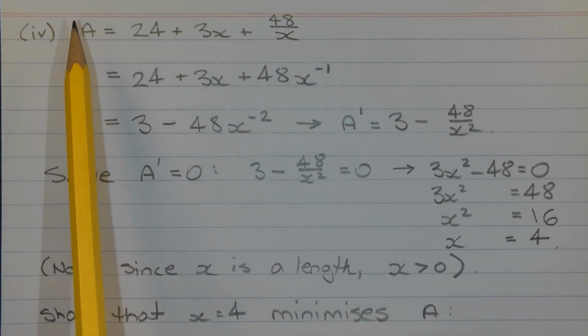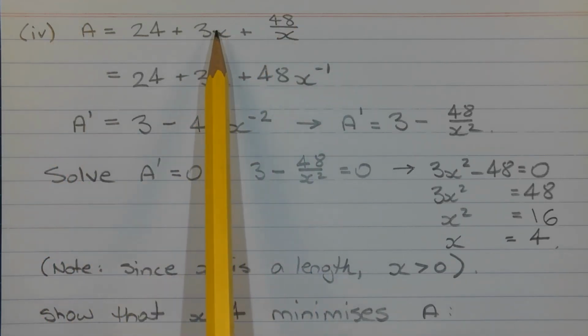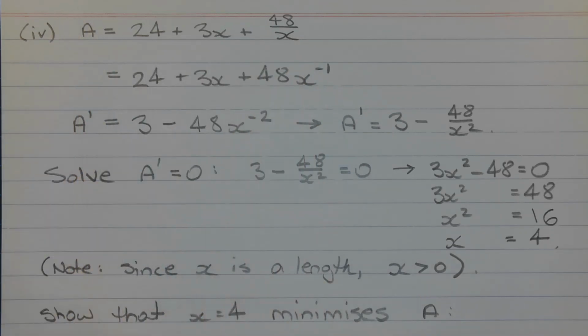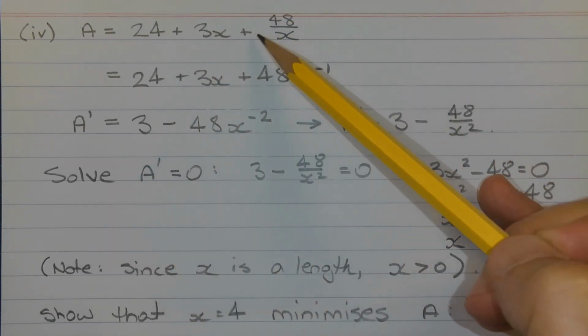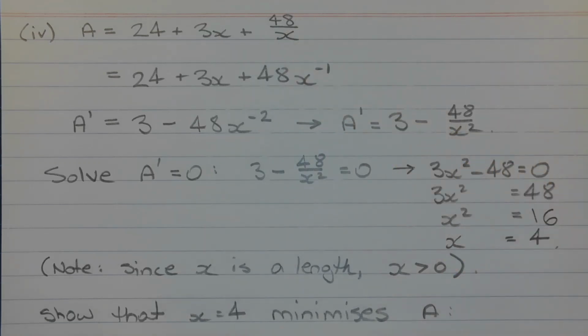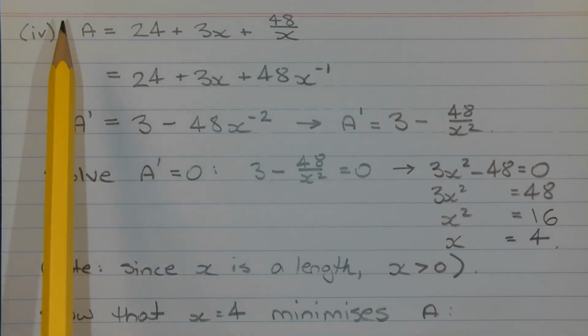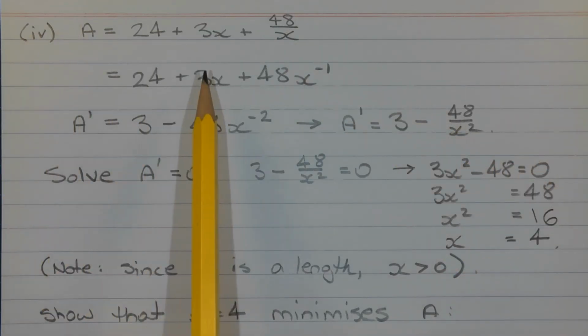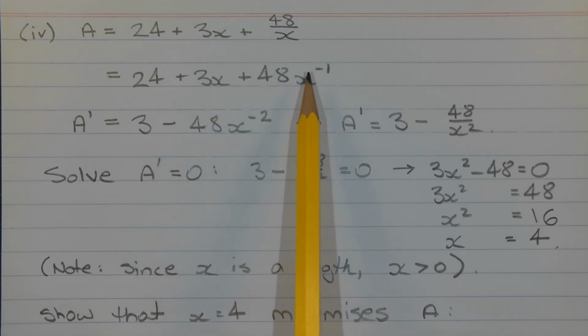Now we want to minimize A, which means we want to find a value of x which gives us the smallest possible value of A. And in order to do that, we need to differentiate A with respect to x. In order to make the differentiation a little easier, we can express this term here, 48 over x, using a negative index. So the area A is equal to 24 plus 3x plus 48 times x to the power of negative 1.